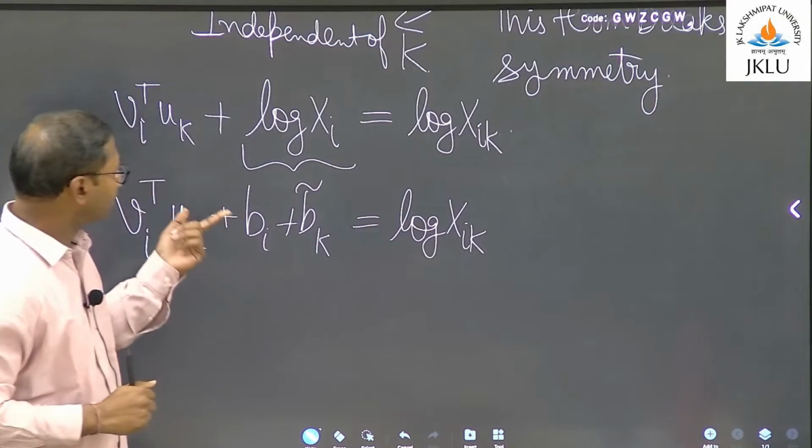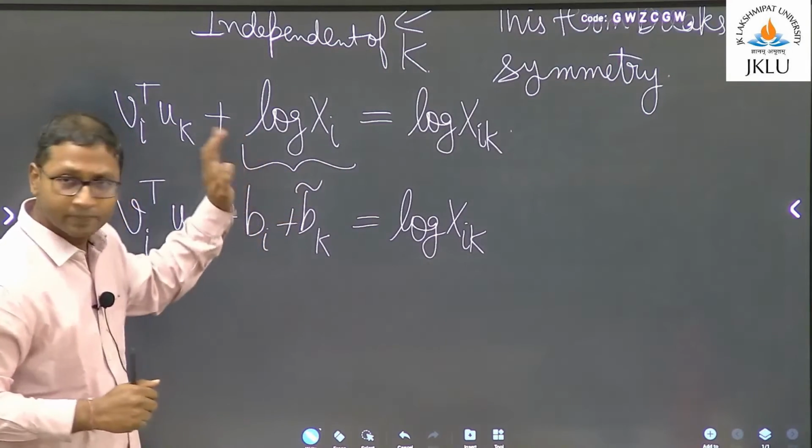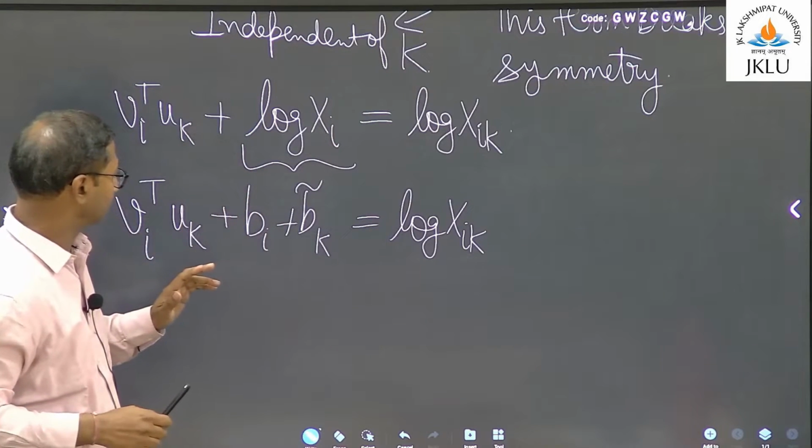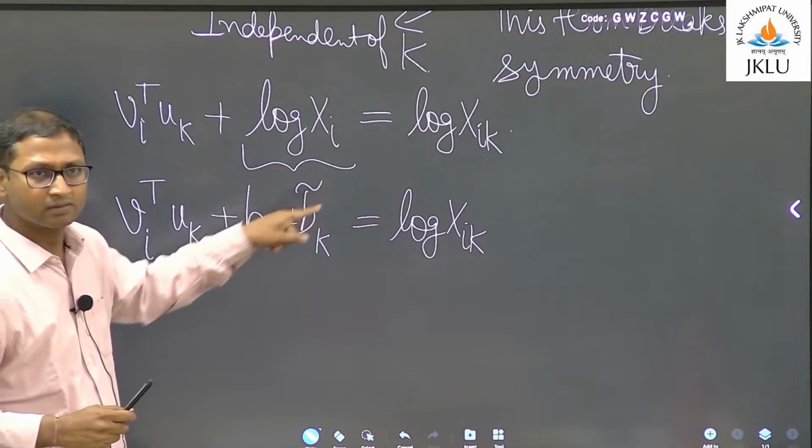How do I write this U here so that I don't need a tilde?